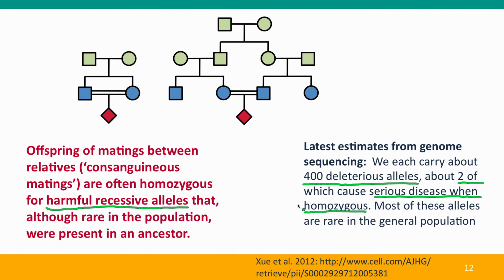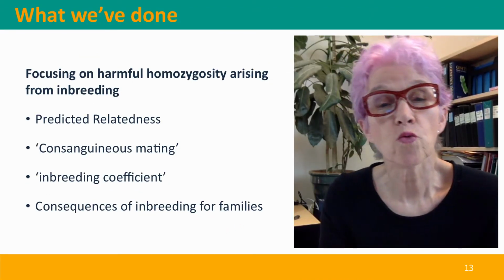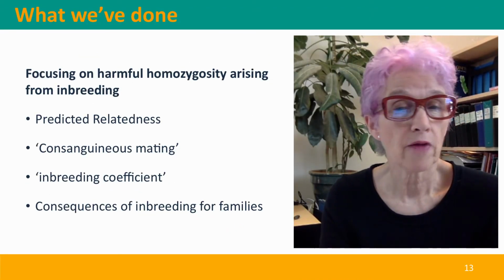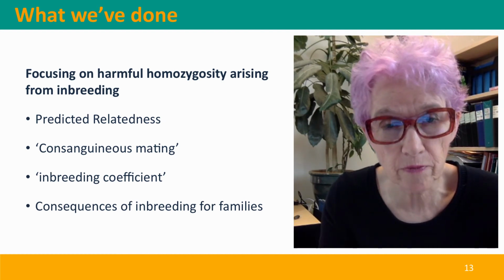And this is then the reason why inbreeding between close relatives can create an increase, for instance, in birth defects, an increase in all kinds of genetic problems caused by harmful recessive alleles. It also can cause an increase in good things caused by beneficial recessive alleles, but of course we don't worry about that.